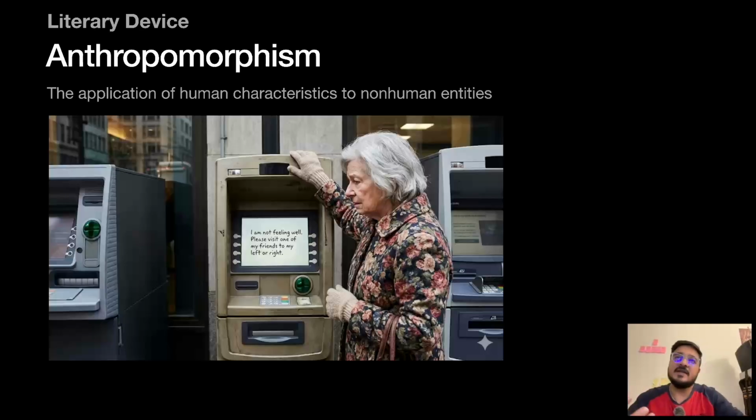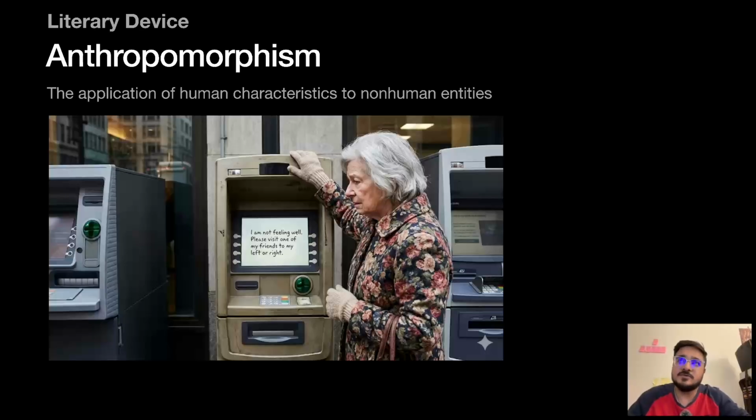So that ATM machine is telling you, I am also an entity, a kind of human-like entity, so just forgive me this time. There are my friends on the left and right side of me, so you can go to them and collect your cash. That made some of the old age people really emotional.